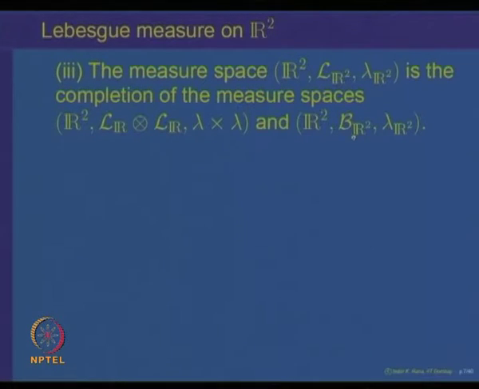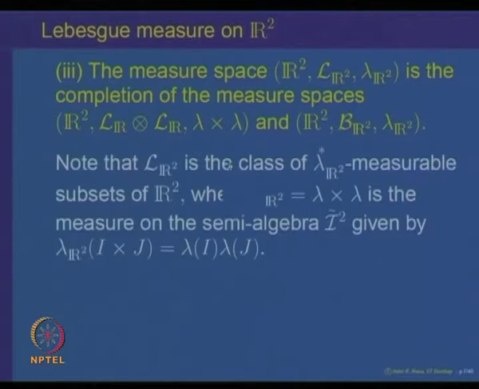That is once again by the fact that the Borel subsets of R 2 are inside this, and the Borel subsets of R 2 and the Lebesgue measurable sets differ only by sets of measure 0. So, that is also the completion.